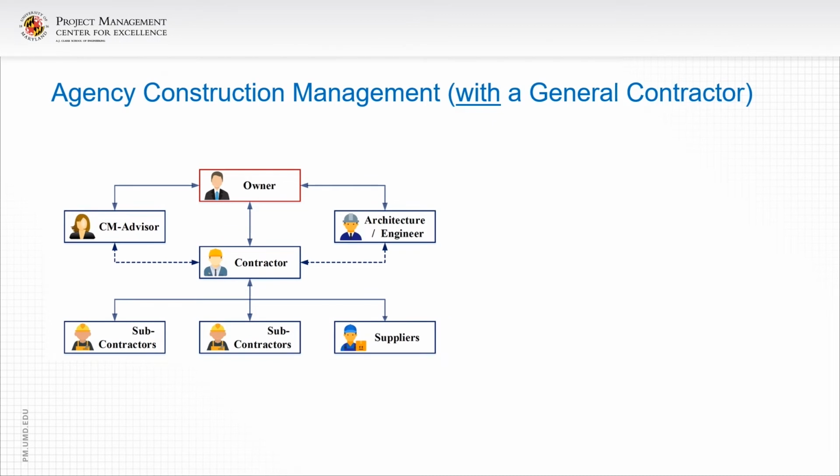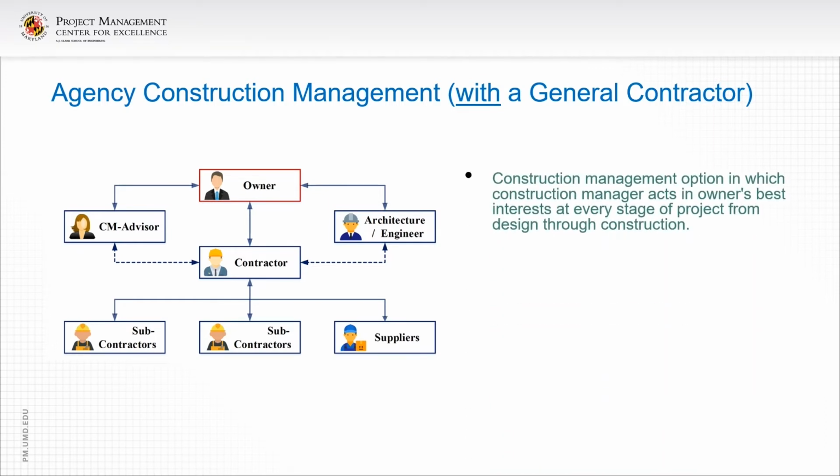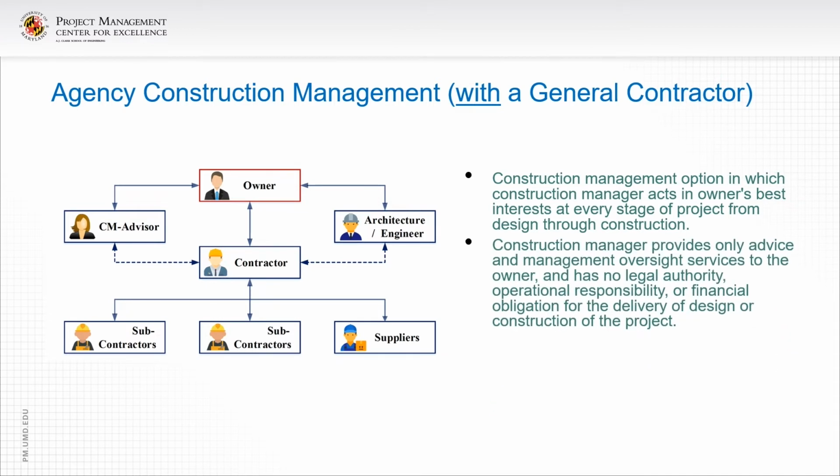Then there is the agency construction management with a general contractor. In this situation, the construction management option in which the construction manager acts in the owner's best interest at every stage of the project from design through and including construction. And the construction manager provides only advice and management oversight services to the owner and has no legal authority, operational responsibility, or financial obligation for the delivery or design of the construction project.